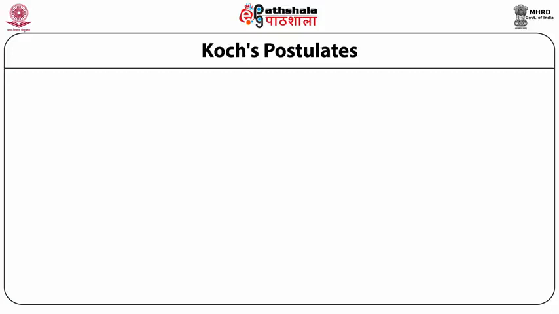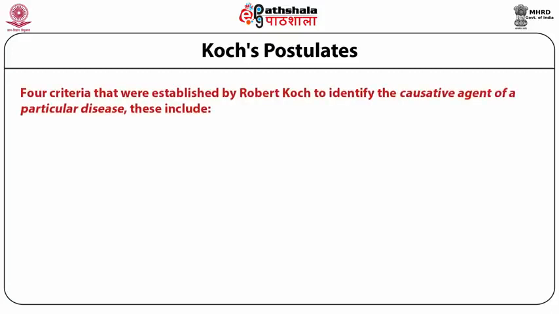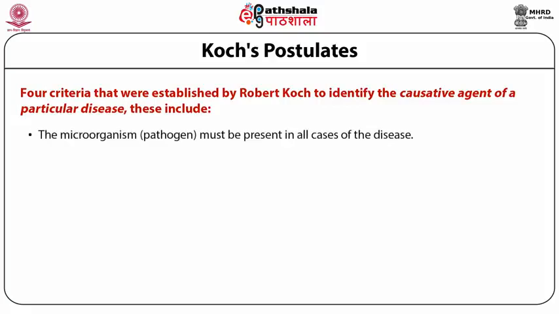About a century ago, Robert Koch identified disease as a different stage from the healthy state, and he gave some postulates which are still followed about the causative agent of a particular disease. These postulates are known as Koch's postulates, and these are: the pathogen must be present in all cases of disease.